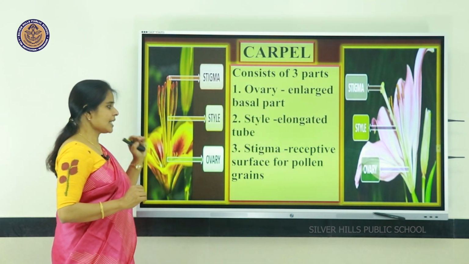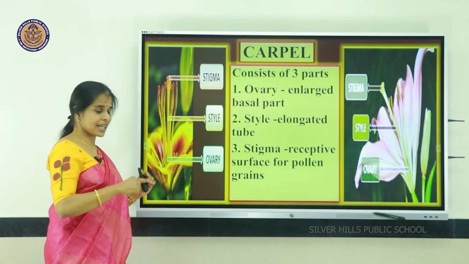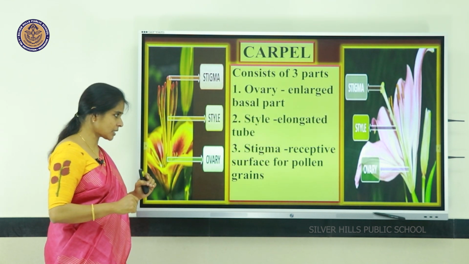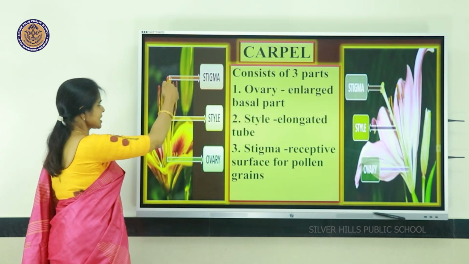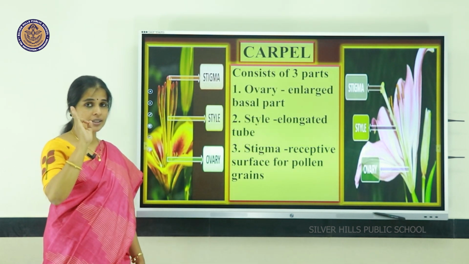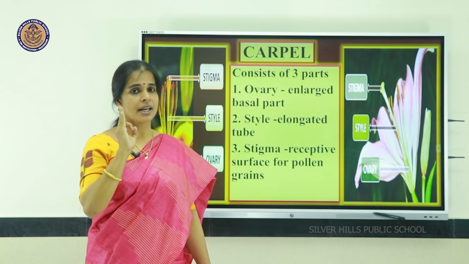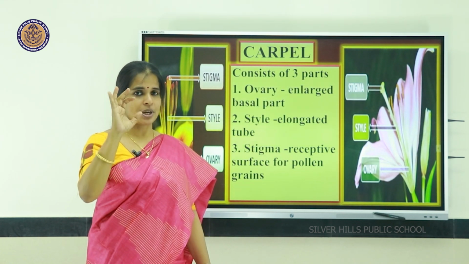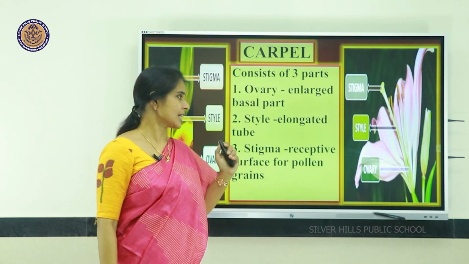Style is an elongated tube that helps the pollen grains reach the ovary. Stigma is the receptive surface for the pollen grains. So, stigma, style and ovary are the three parts present in the female reproductive organ. Together we call it a carpel. Hope you understood what a carpel is.